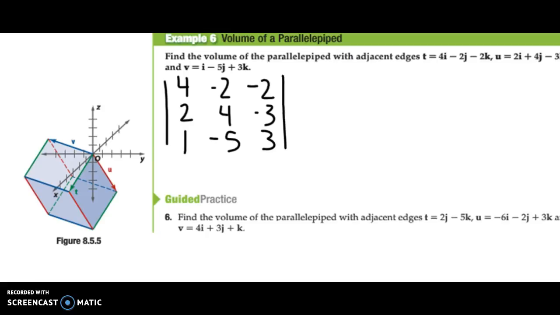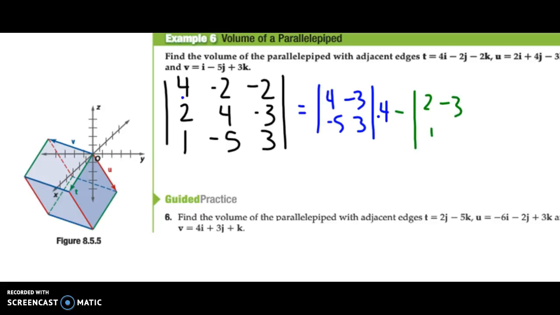And so what we're going to do is essentially the same thing we did before, but instead of starting with i, we multiply everything by 4. So I take my matrix, which is 4, negative 3, negative 5, 3, times 4, minus 2, negative 3, 1, 3, and multiply it by negative 2.